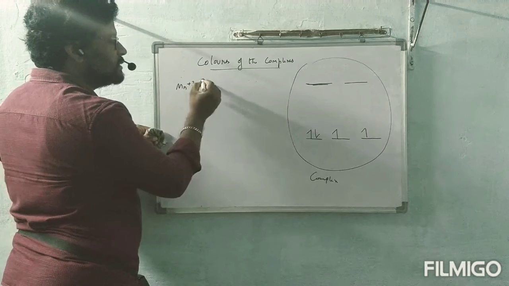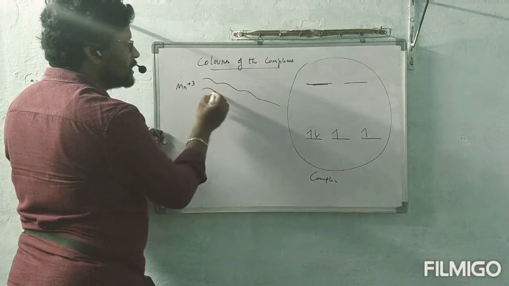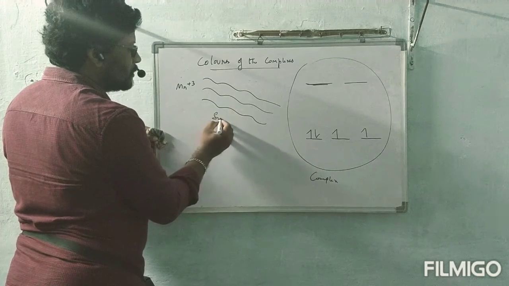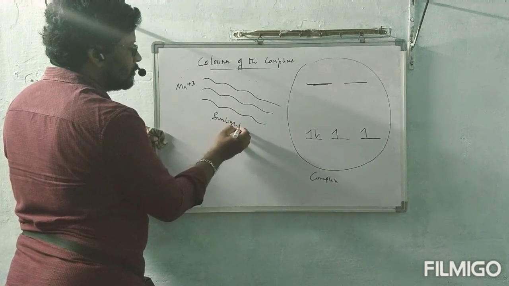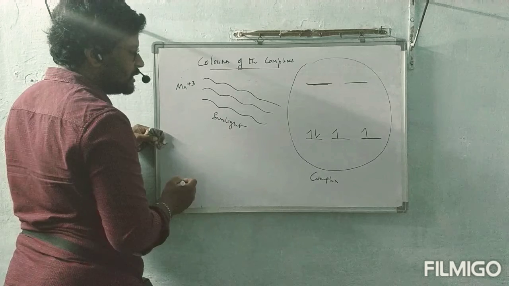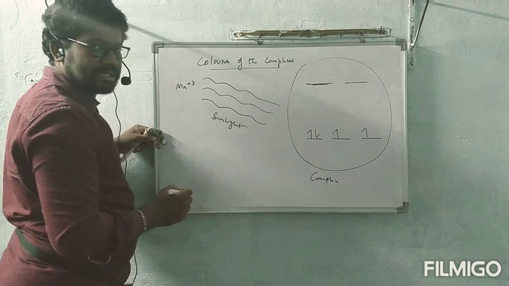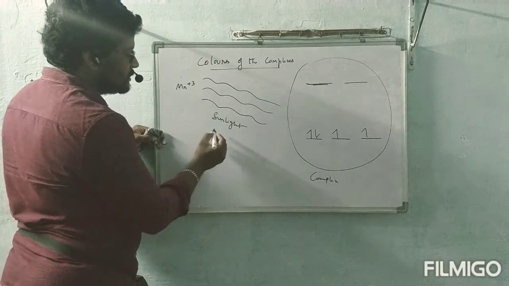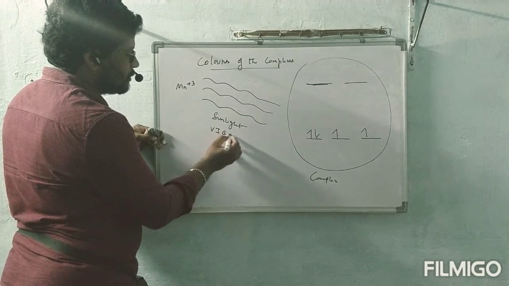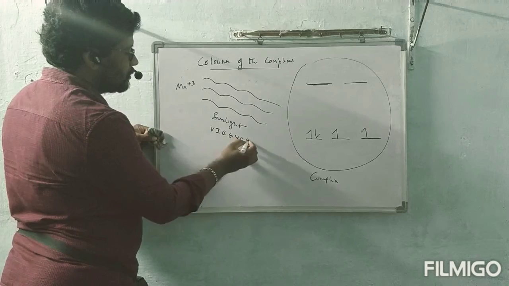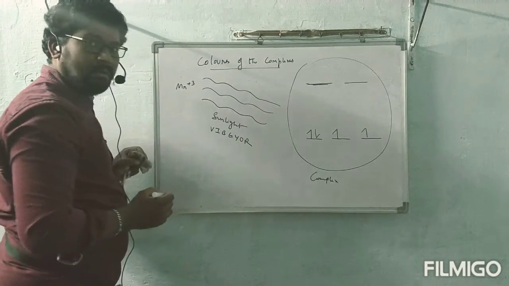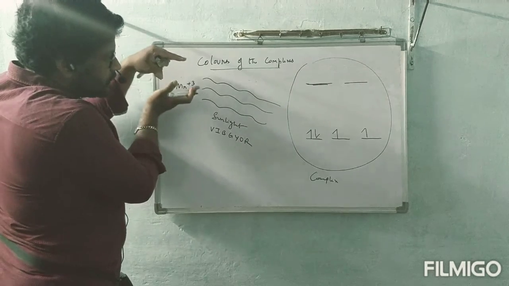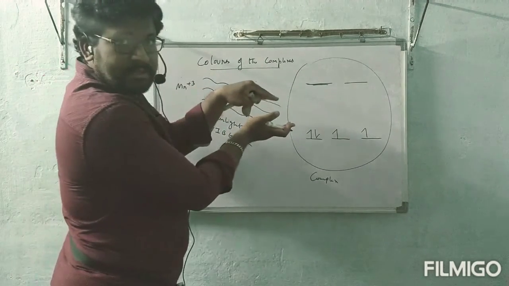This complex is exposed to sunlight. Sunlight contains all the 7 colors, VIBGYOR. Now the total sunlight is going to fall on the complex.